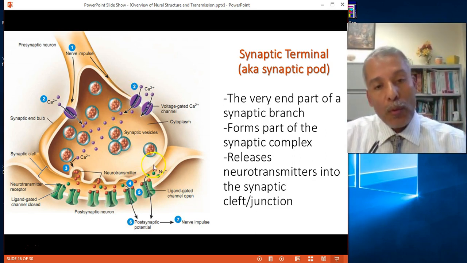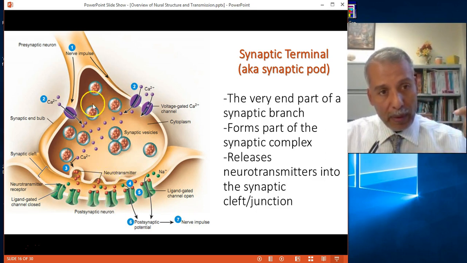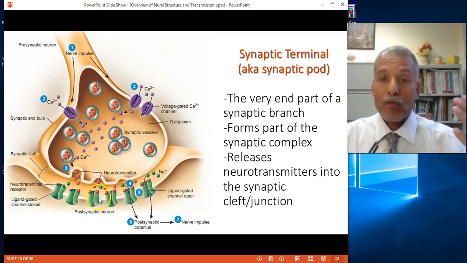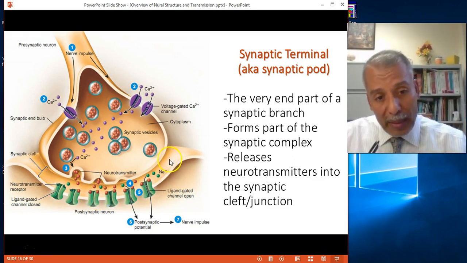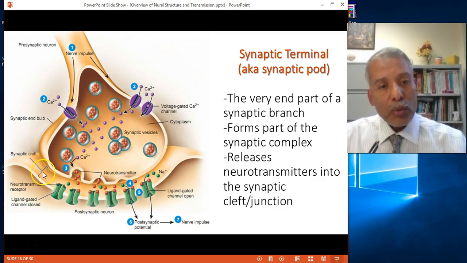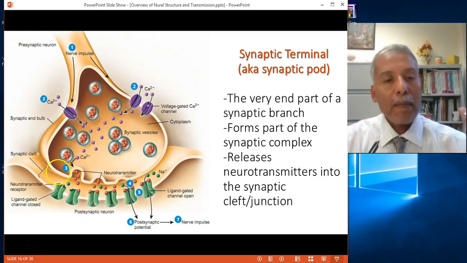So when you look at the space between the synaptic terminal and the part of the cell body or the part of the dendrite that is synapsing with it, there's that synaptic cleft, a tiny space between them. So in reality, they do not really touch. There's a tiny space in between them, and they communicate by releasing fluids and stuff.